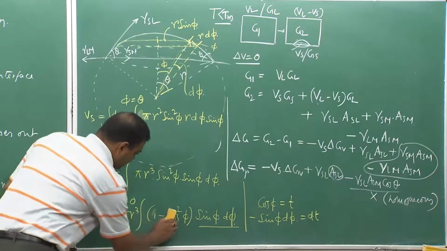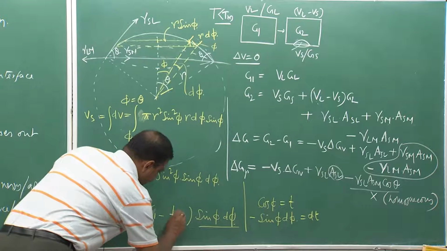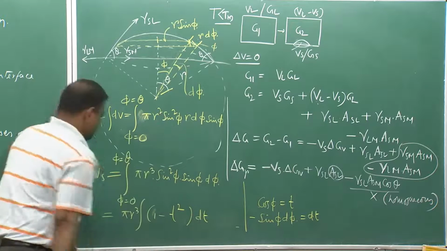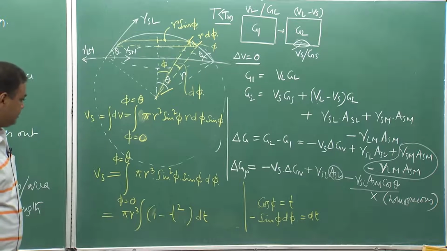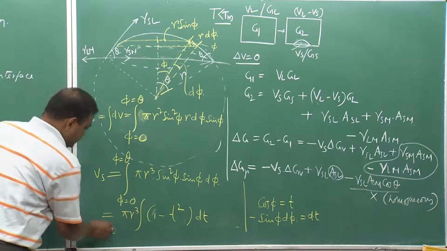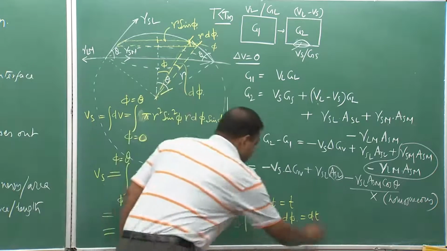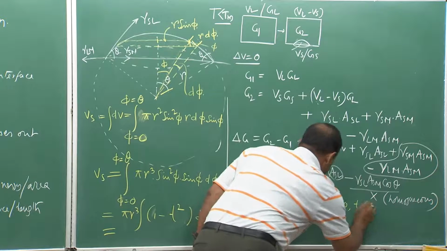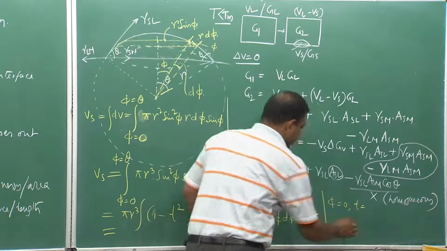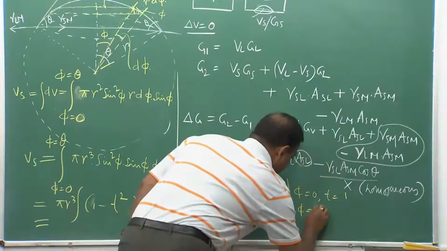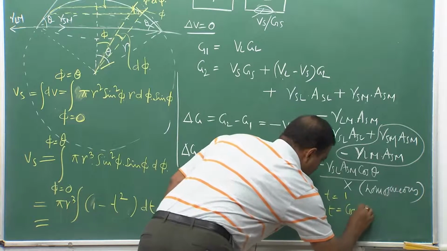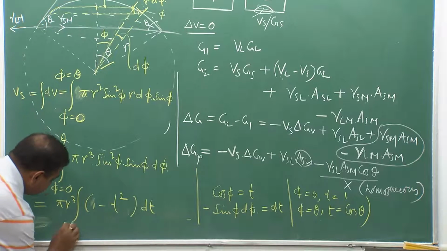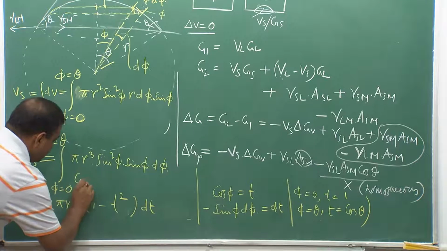So, if I do this particular adjustment, this becomes much simpler. So, if we solve this, when phi equal to 0, t equal to cos 0 equal to 1, and phi equal to theta, t equal to cos theta. These are the limits, and then the expression would change to 1 to cos theta.